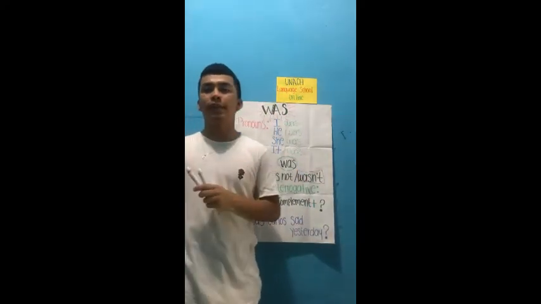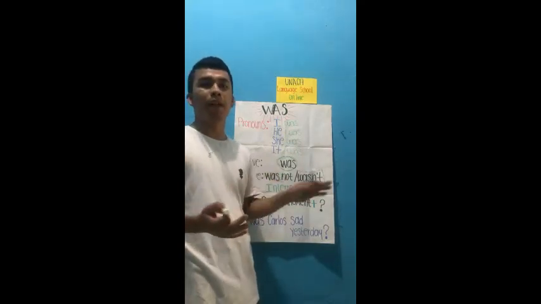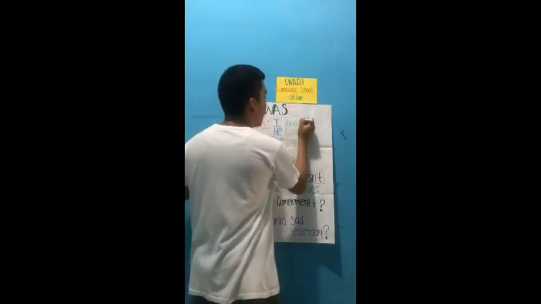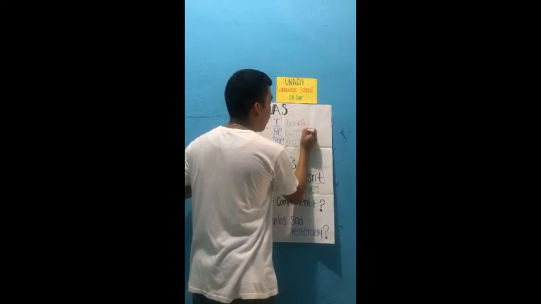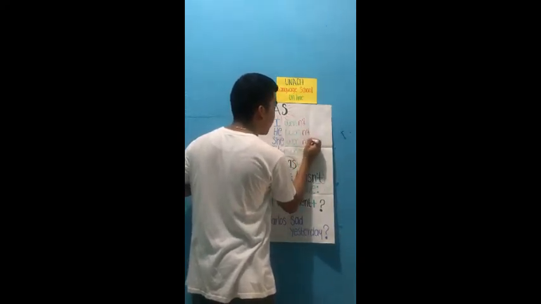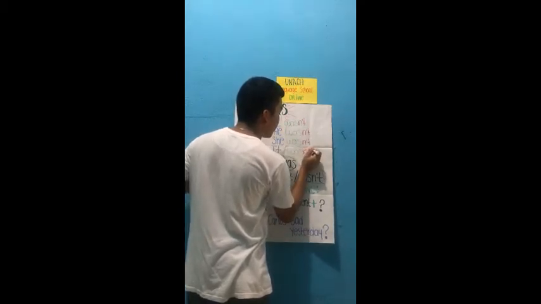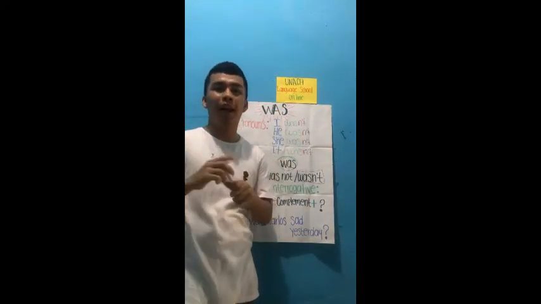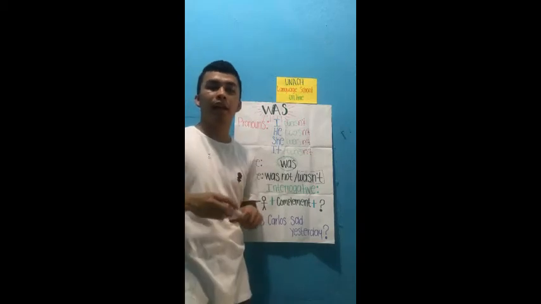So, to express negative things, you're going to use wasn't, and we are going to combine it with the pronouns. So, you're going to say, I wasn't, he wasn't, she wasn't, and it wasn't. Now, you've learned how to use was in a negative way.